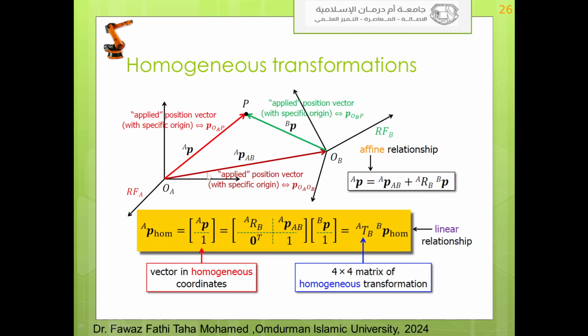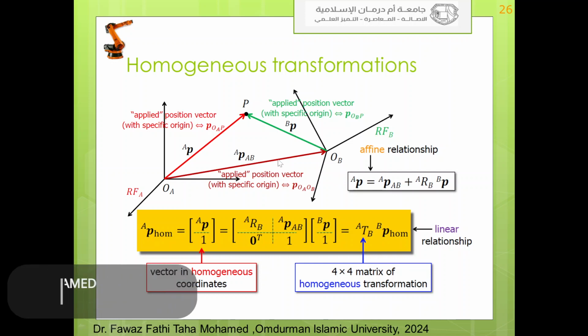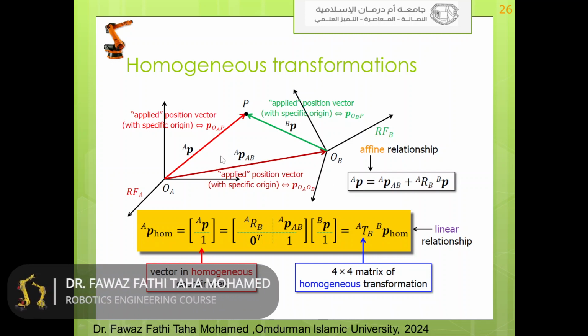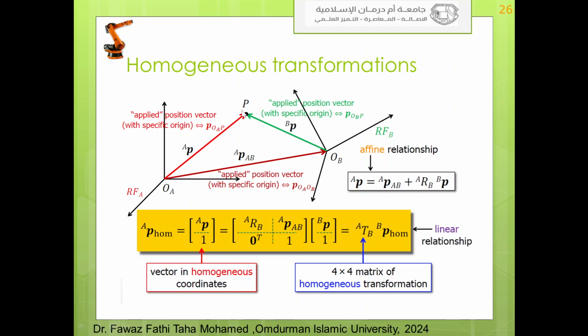We can use this vector, which represents the position of the origin of the reference frame B with respect to the frame A. You can call it P_AB with respect to A. From linear algebra, we can remember the summation of vectors.